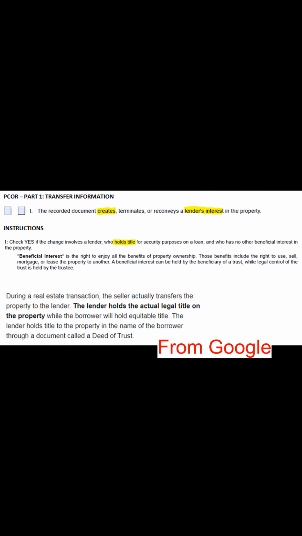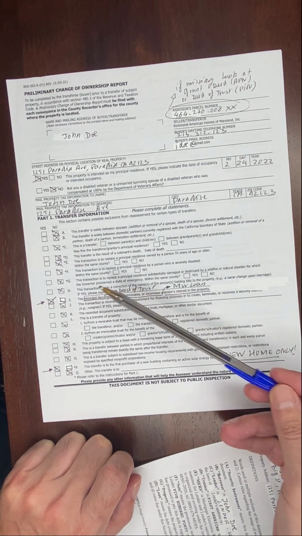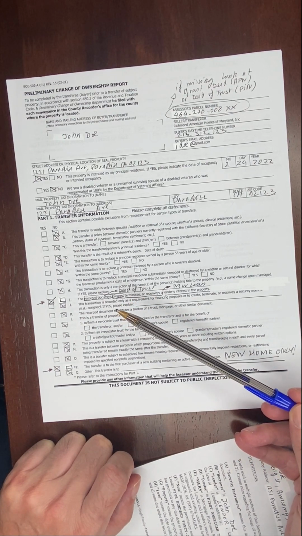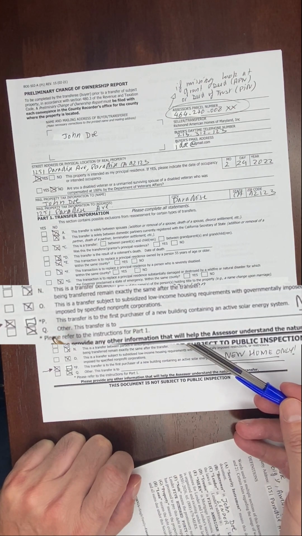And they can also Google what I've just done to have the definition underneath, so they can fill it up correctly. So that's the only thing to fill up when it's for a resale property with a loan.